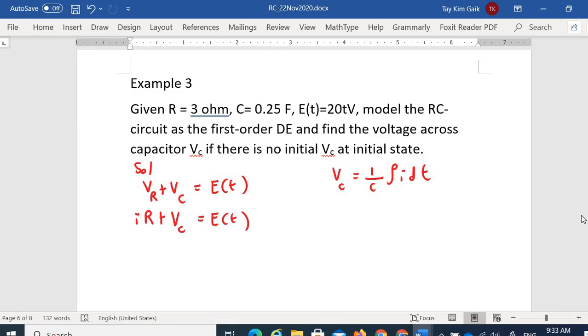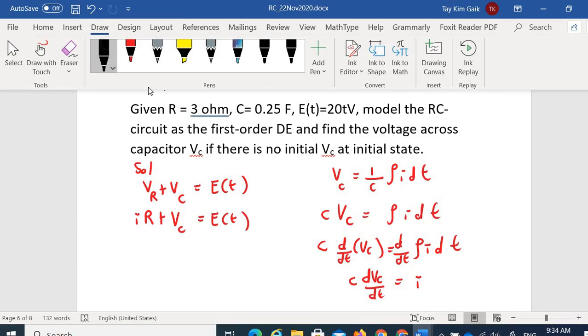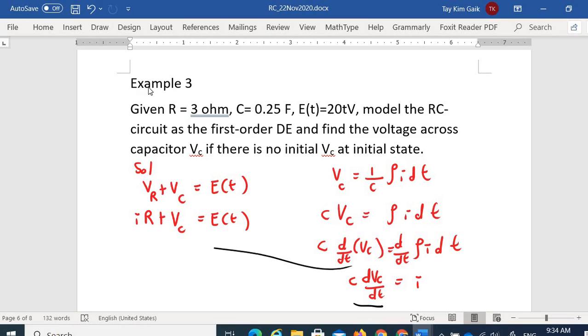To get the I, you differentiate. C VC equals integral I dt. C is a constant, so I differentiate VC, and the derivative of the integral of I dt leaves just I. That's why you get C dVC dt equal to I. When you differentiate the integral, we are just left with I. Now you replace I by this.